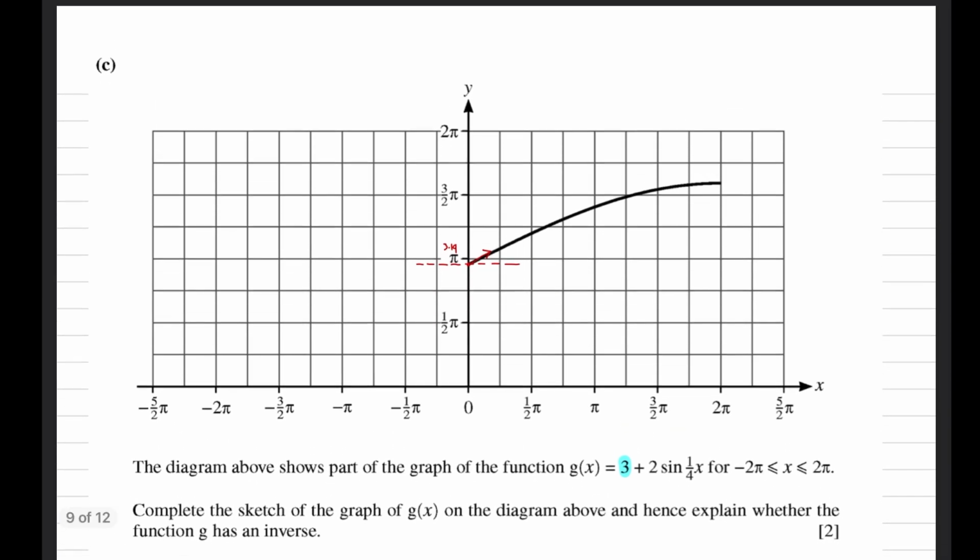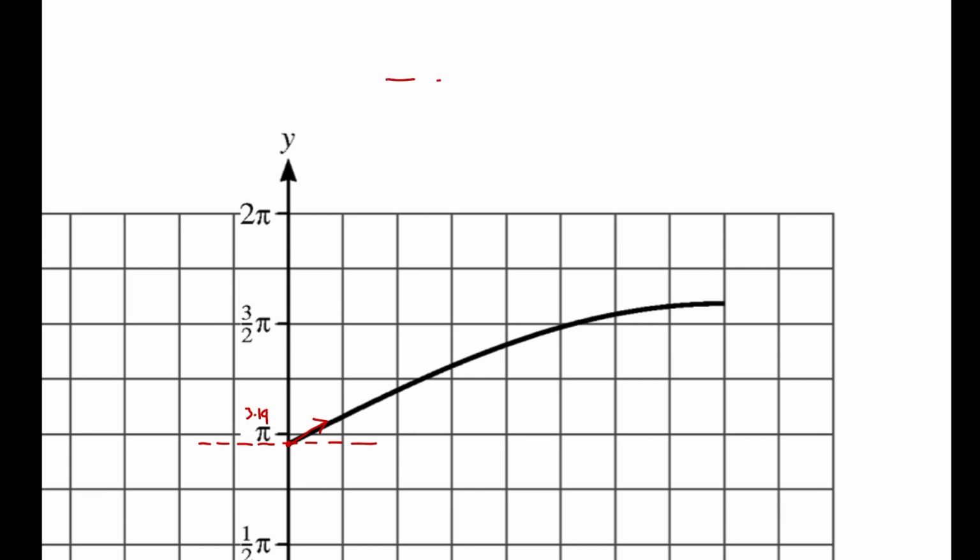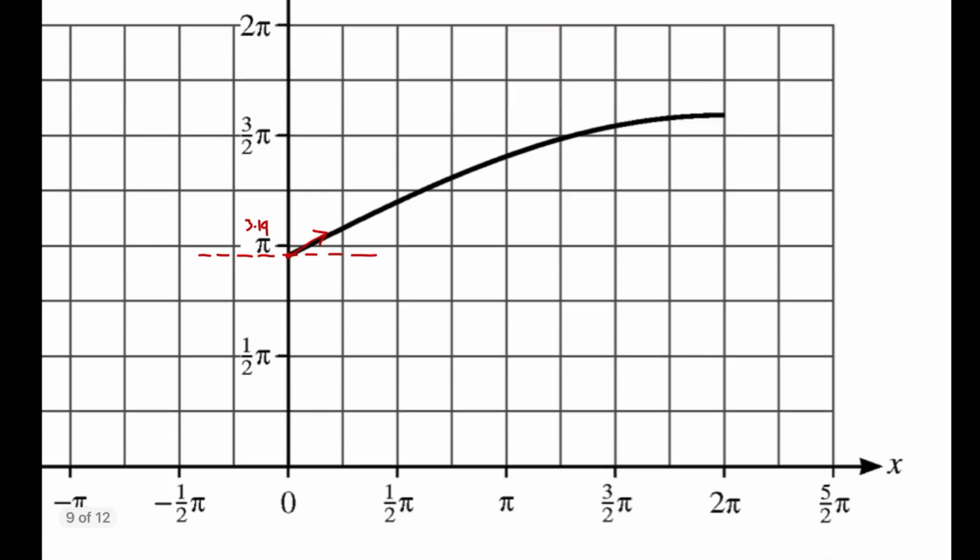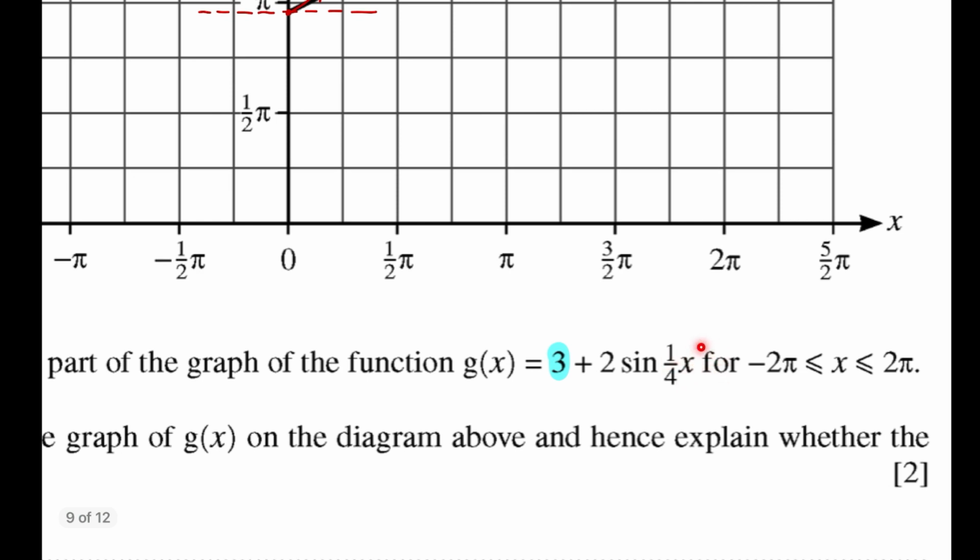Now let's recall that for the sine function, this is the y-axis, this is the principal axis. The graph must start from the intersection of the y-axis and the principal axis, and then it goes up to the right and goes down to the left. So it's kind of like this. This happens as long as you don't have a horizontal shift, because if you have a horizontal shift, you have to move this left or right, but we don't have a horizontal shift because there is no plus or minus inside the sine here.